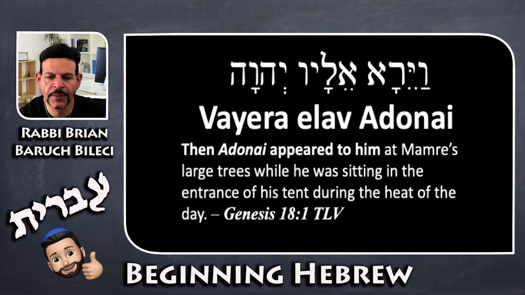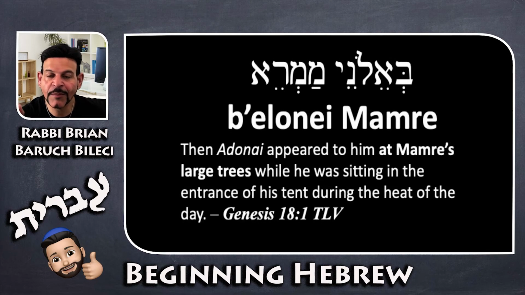Elav is to him. Adonai is Lord. Now usually we'd see Yud He Vav He. The vowel markings here are supposed to indicate we should say Adonai instead. So Vayera elav Adonai.